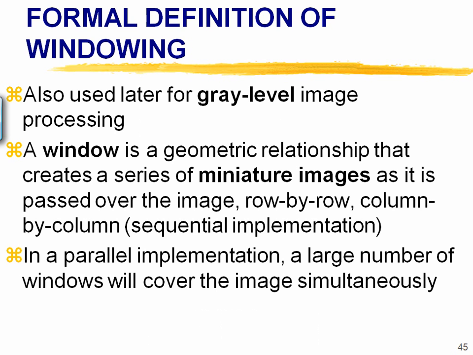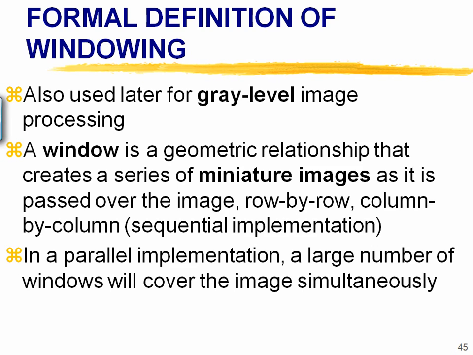Now, as I said, this is the same operation you perform on gray level images as well in terms of the structuring element. So there is commonality of what we are defining here. As a result, we will also try to define this in a little more concrete fashion. Now, keep in mind that inherently the windowing operation is a sequential operation.